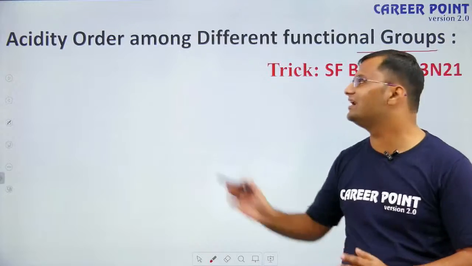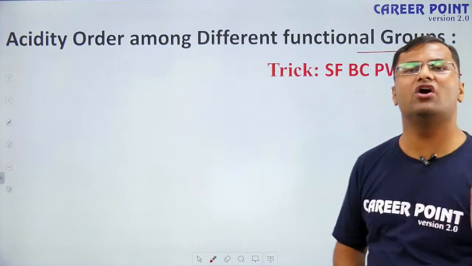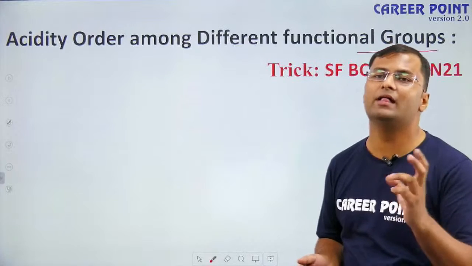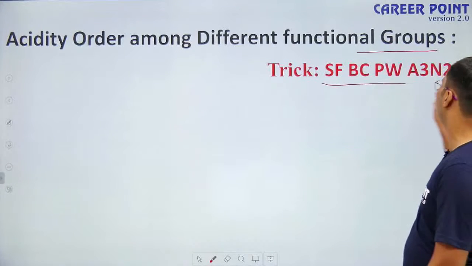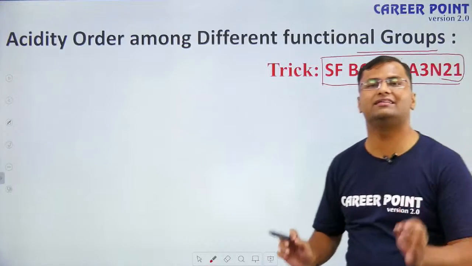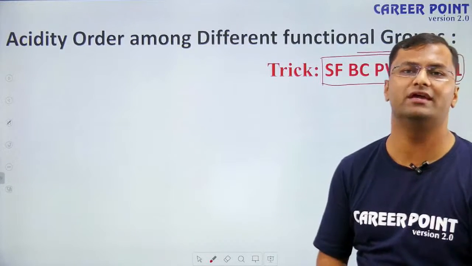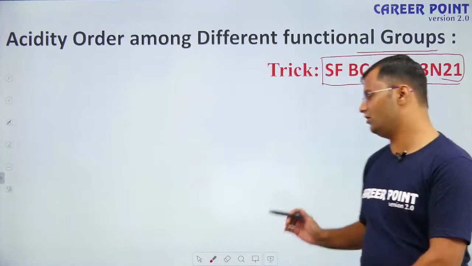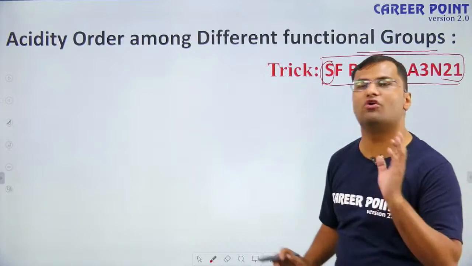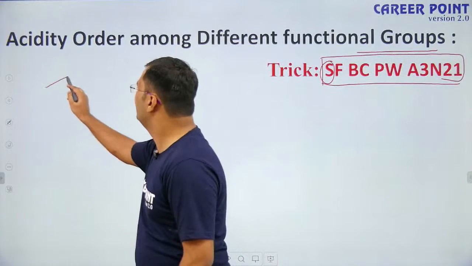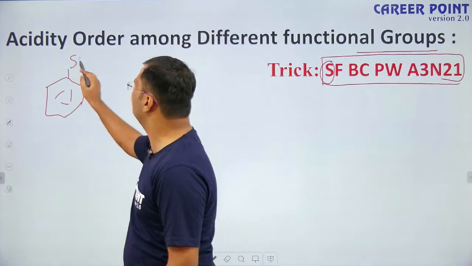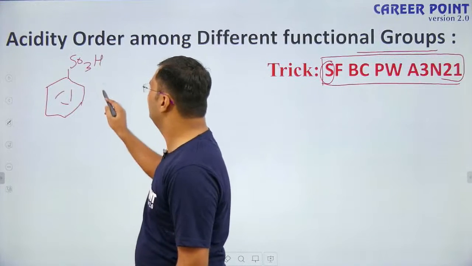So we can write a descending order of acidic strength of the functional groups, and we will use our trick. You have to remember this. By this trick you can write the acidity order of any compound. Clear? Now we will first write S for sulfonic acid, SO3H.